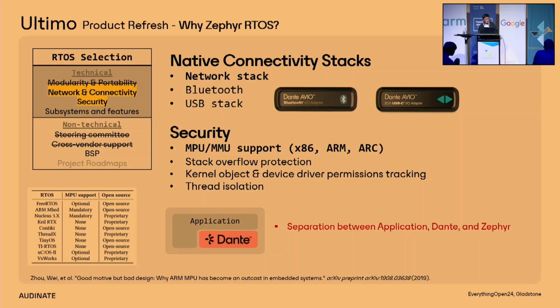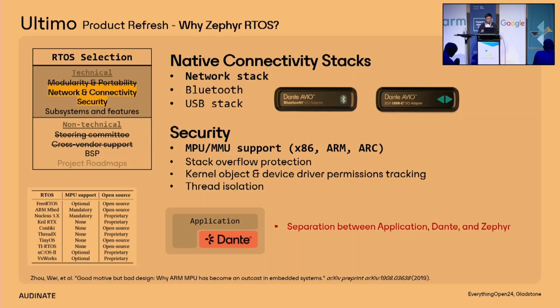Zephyr considers this, and these security features are built directly, natively into the Zephyr ecosystem, so it makes use of MPUs and MMUs. MMUs would be the ones on x86 or x64, and although it doesn't provide the functionality of address mapping, it's using an MMU as an MPU as well.